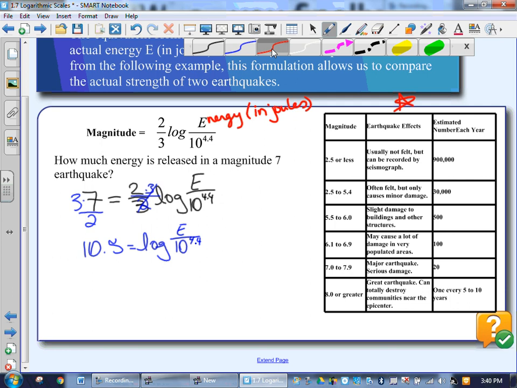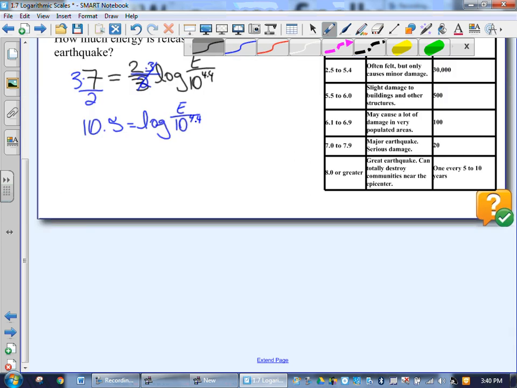From there, I have an isolated log on one side, so I can write things exponentially. So I'll go 10 to the power of 10.5 is equal to the amount of energy divided by 10 to the power of 4.4. From there, to isolate E, I'm going to multiply both sides by 10 to the power of 4.4.